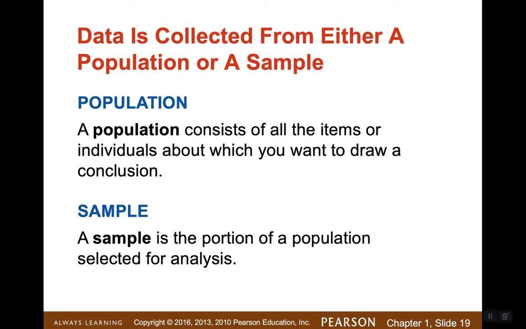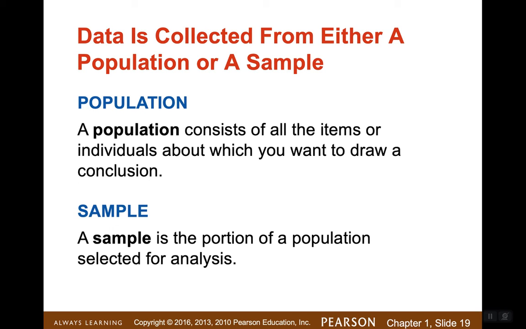So when we collect data, it's either being collected from a population or from a sample. A population is all items or individuals about which you would want to draw a conclusion. It can be anything, so long as we can describe it. We want to be able to define the scope of our population and what the characteristics are.